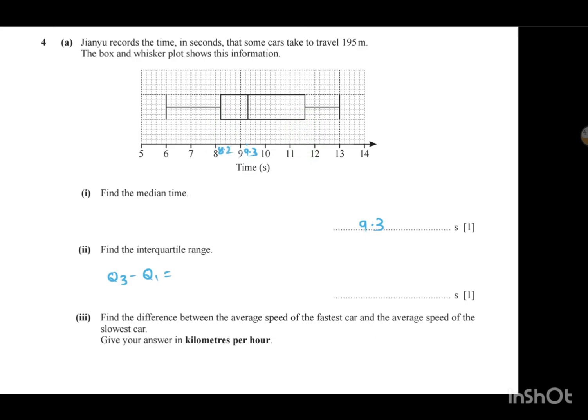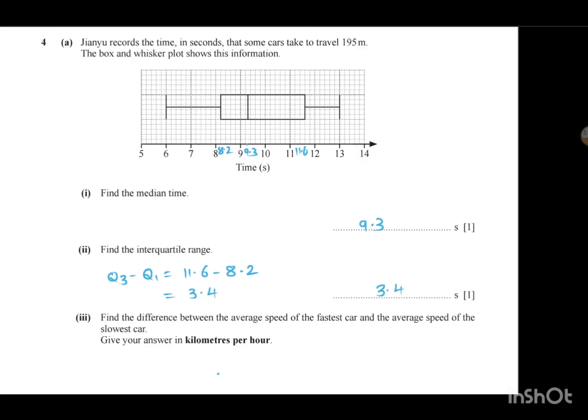Sorry, 11.3 is wrong, it is 11.6. Mistake. 11.6 minus 8.2 will be 3.4. 3.4 seconds is the interquartile range.